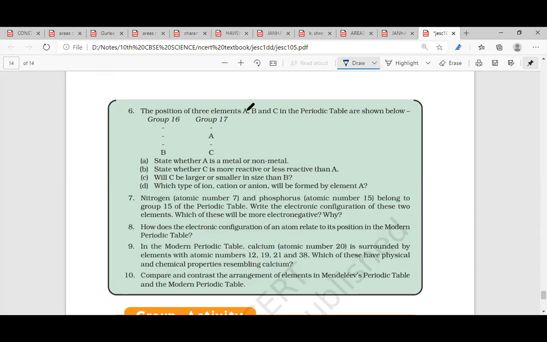Period. So along a period, what happens to atomic radius? Decreases. So C will be smaller than B. Which type of ion, cation or anion, will be formed by element A?